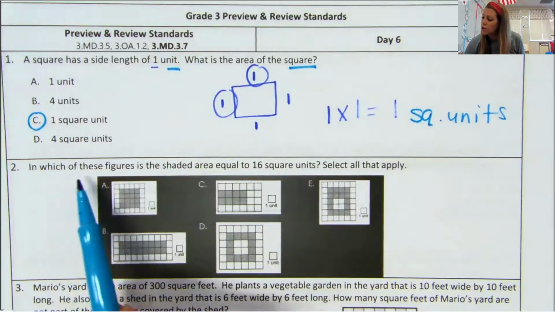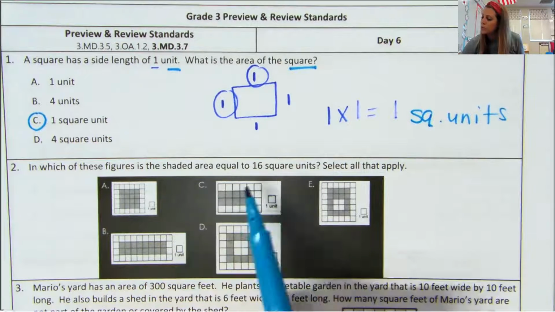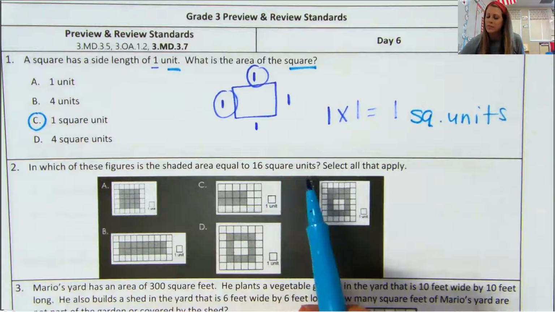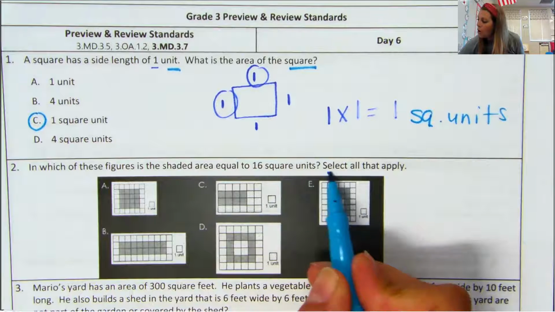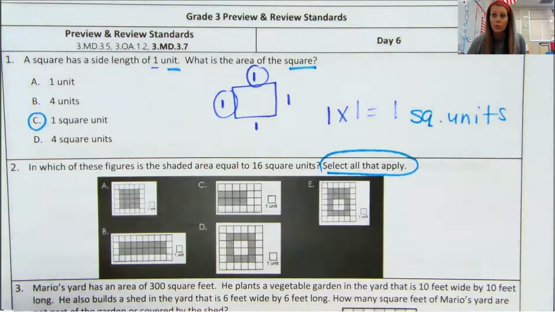All right, moving on to number 2. In which of these figures is the shaded area equal to 16 square units? Select all that apply. When you see that on FSA, you better circle it so that your brain knows, oh, there's going to be more than one answer. Also, I'm going to tell you a little secret.